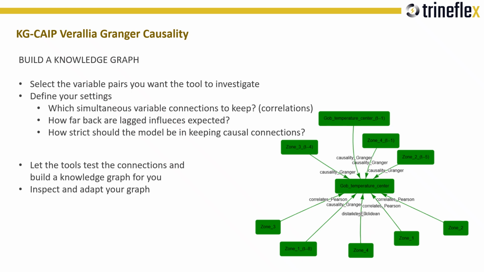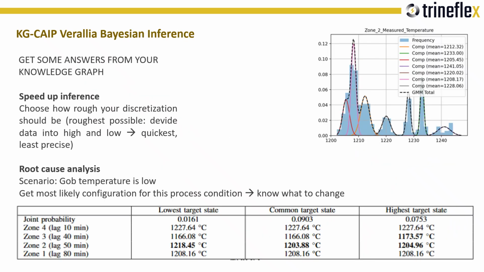You then see on the right nodes give you information on how big the lags might be. Edges give you information on what statistical approach was used to recover this connection. The graph is a prerequisite for the Bayesian inference that we do next.